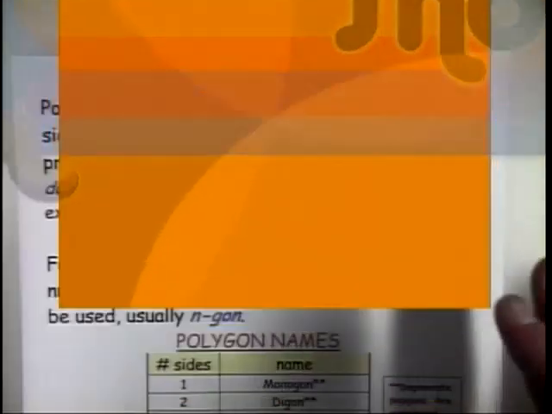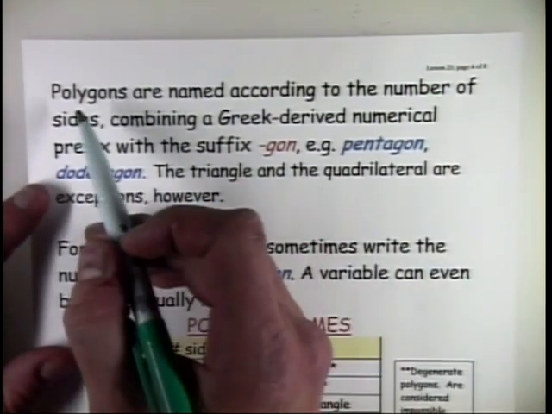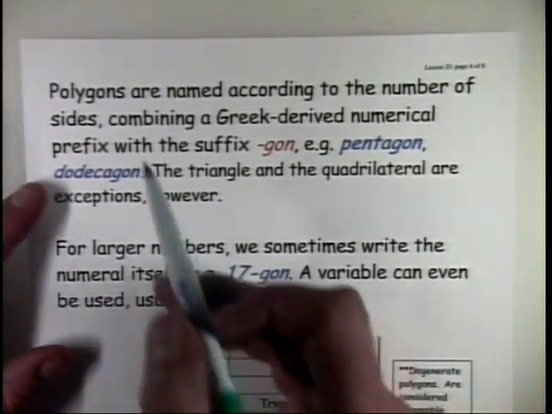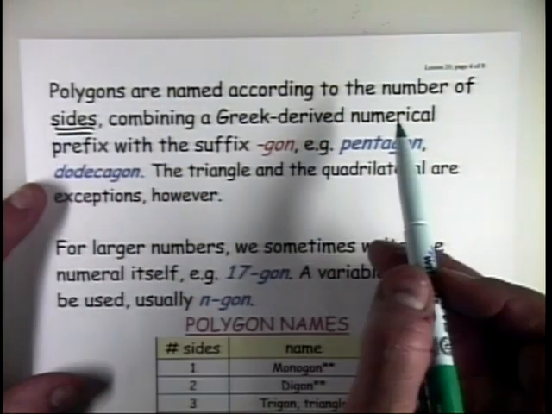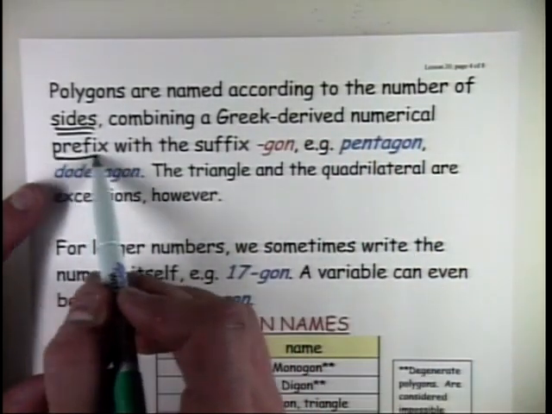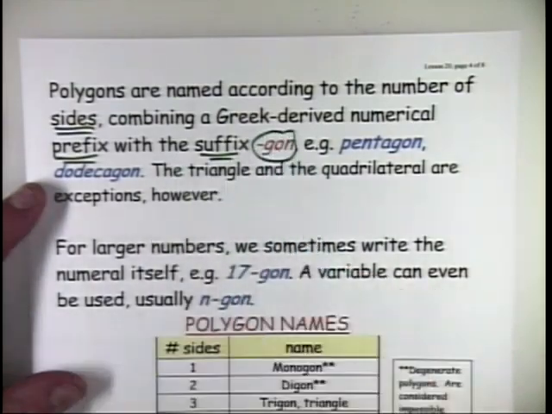Now, every polygon has to have a name, just like every member of the family does, right? You don't just go around saying, hey, you convex 5-sided guy, come here. So these have names as well. We name them according to the number of sides, and we combine a Greek-derived numerical prefix, the part in the front, with the suffix gon, okay?